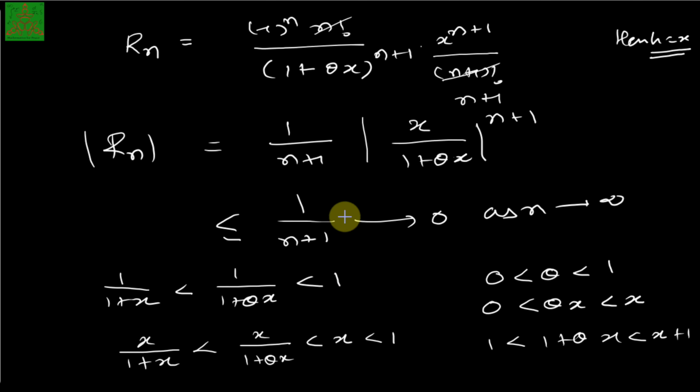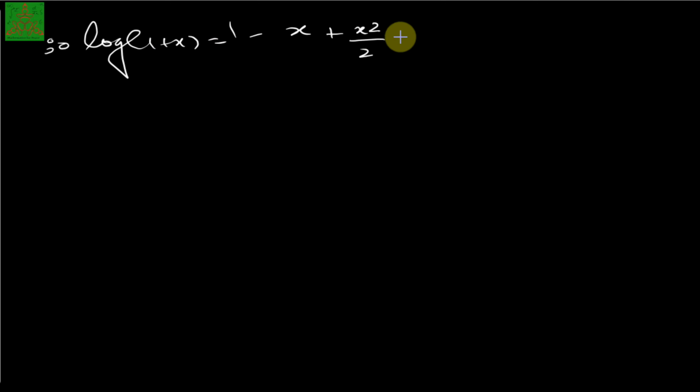Therefore, we say that for any case, whether your x is between 0 and 1 or between minus 1 and 1, the Maclaurin series expansion for log of 1 plus x is x minus x square by 2 plus x cube by 3 and so on. So in this manner, some standard functions can be evaluated by the Taylor series expansion.